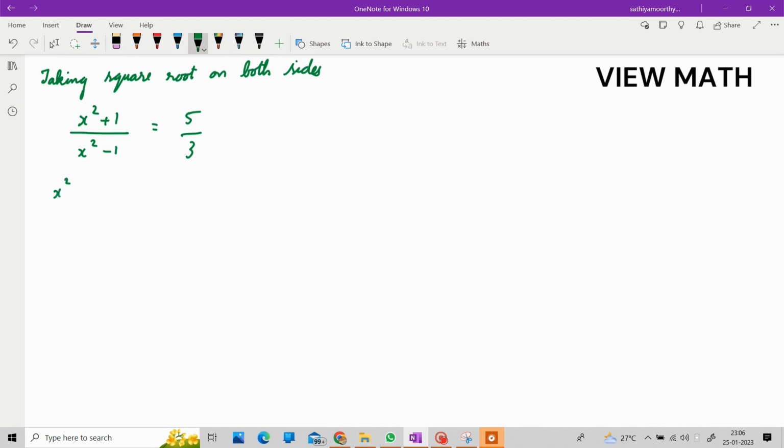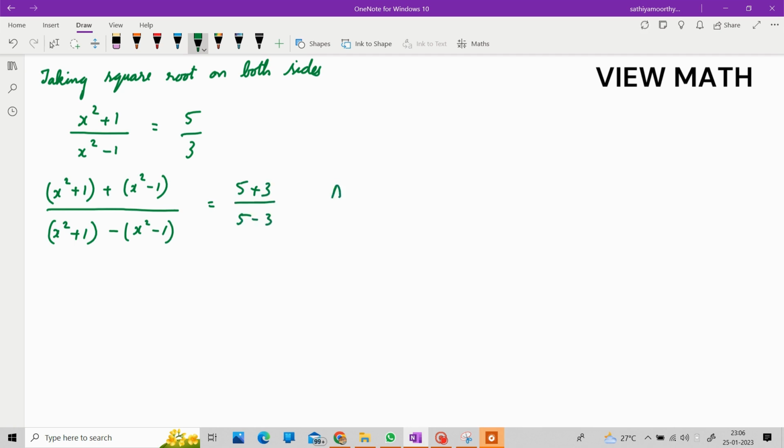(x^2 + 1 + x^2 - 1)/(x^2 + 1 - (x^2 - 1)) is equal to (5 + 3)/(5 - 3).